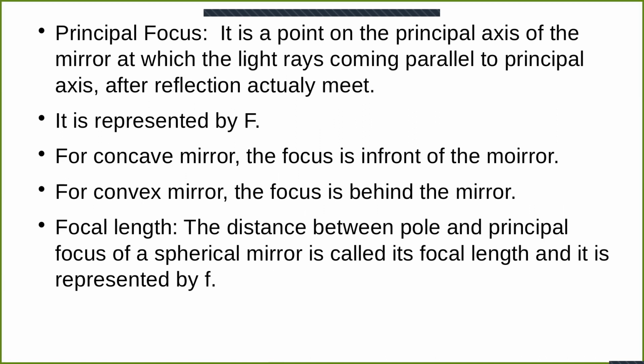Principal axis means the horizontal line passing through the center of curvature and pole. At a point on that axis, when a beam of light falls on the mirror, after reflection all the light rays converge at that point. That point is called the principal focus.